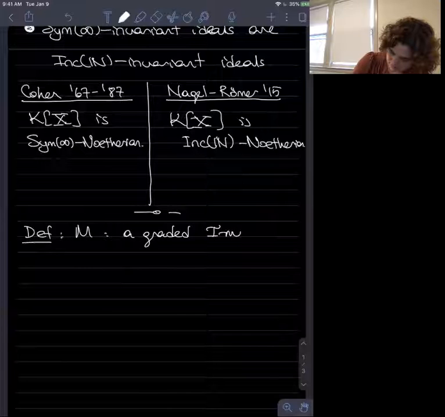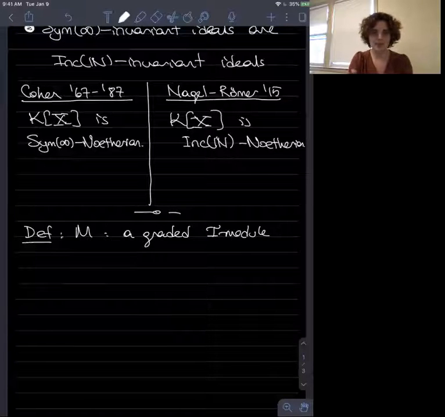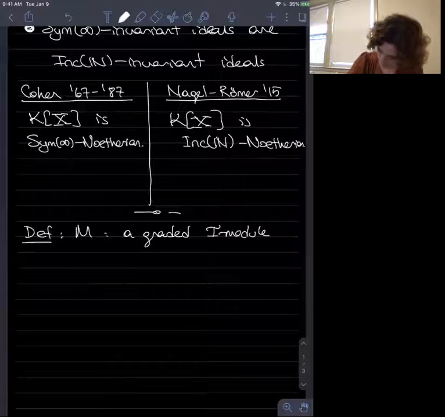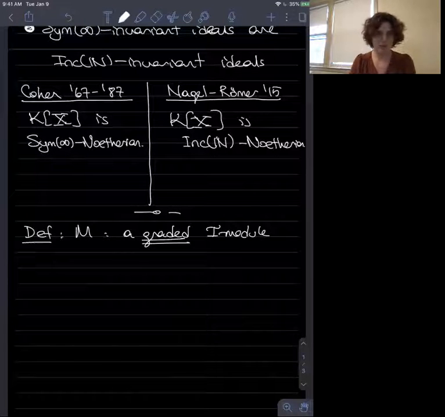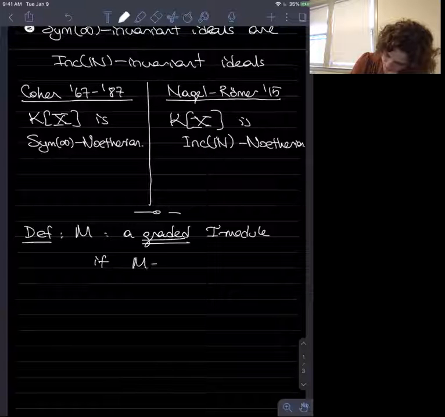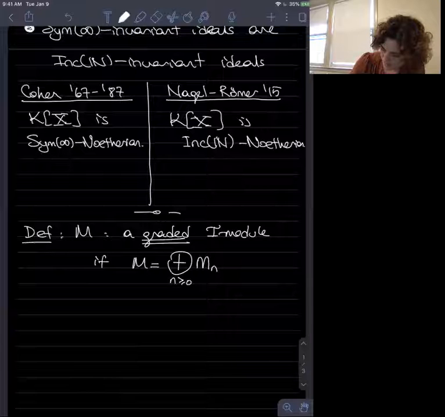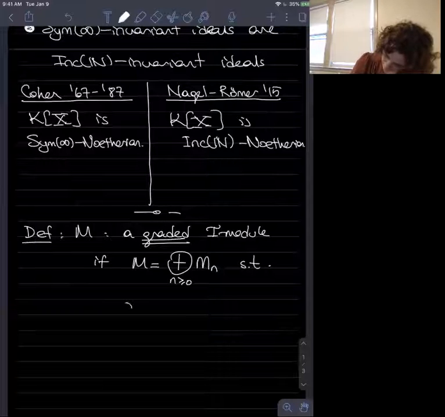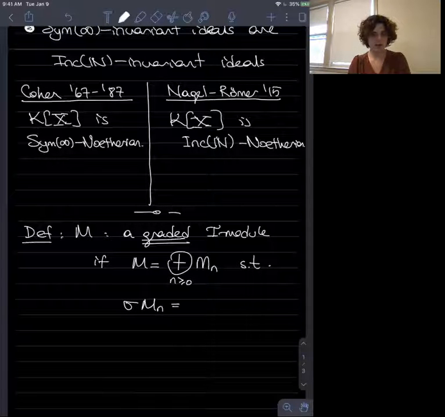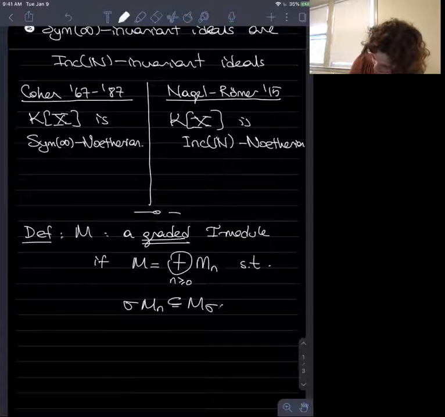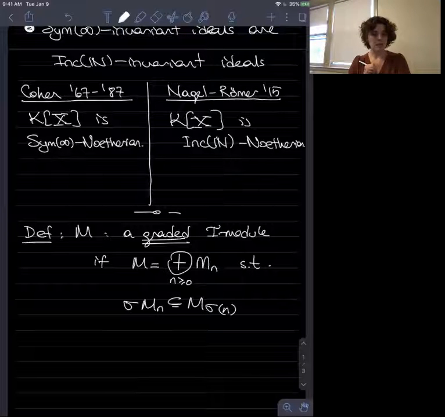So M is a graded Inc module. Whenever I say Inc module, I'm referring to a representation of the increasing monoid. We say that the module is graded if we can write M as a direct sum decomposition such that the action of sigma, for any element in Inc, sends each graded component to the same degree component.